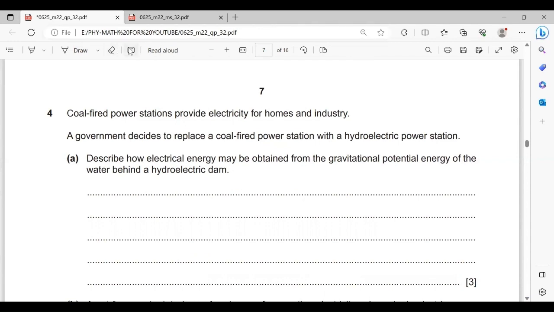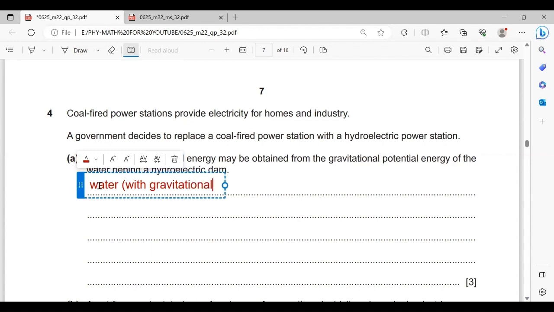Okay, so we should explain here regarding the hydroelectric dam. So water with gravitational potential energy.